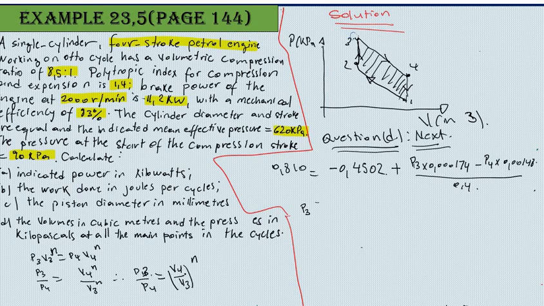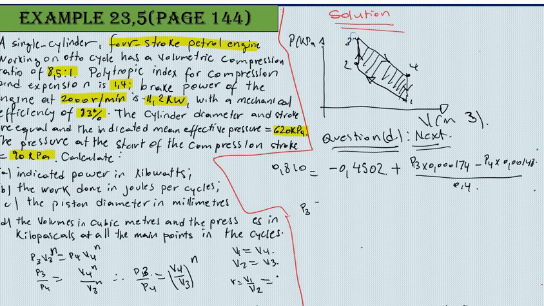So for an Otto cycle, we know that V1 is equal to V4 and V2 is the same as V3. So R is the ratio between V1 over V2.